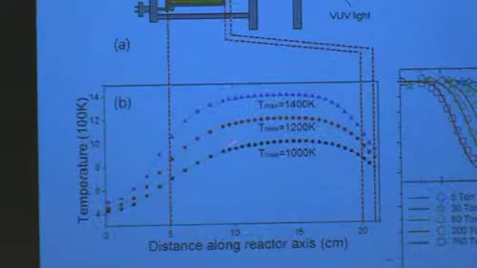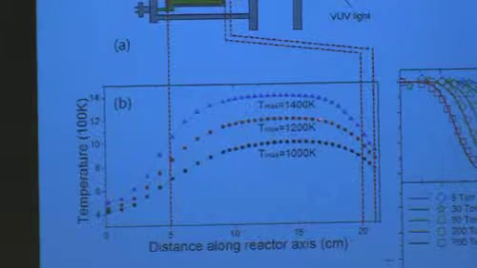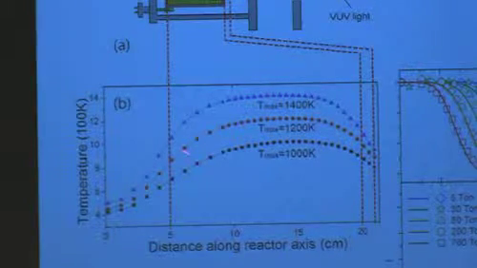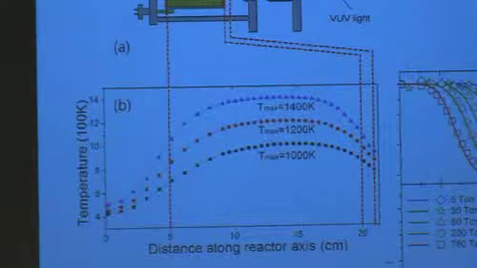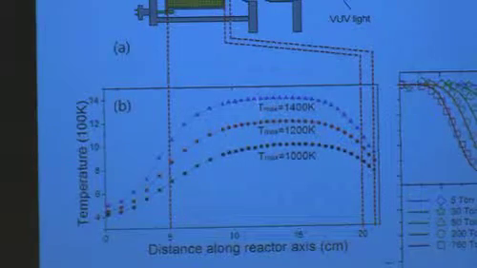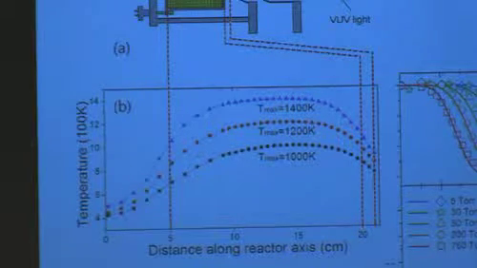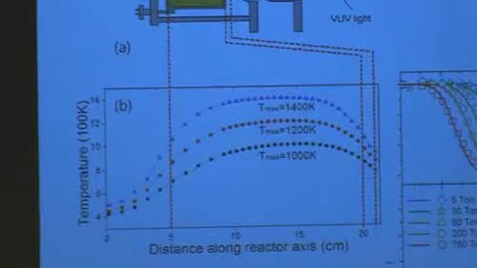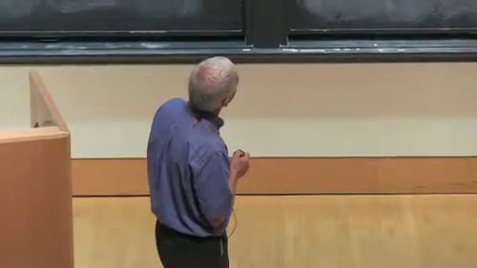And the temperature also varies. It's fairly constant in the middle, but it's increasing and then decreasing rapidly towards the extraction point here. But they've characterized this reactor very, very carefully. And so they can interpret those experiments and extract rate coefficients from them and mechanisms from them.